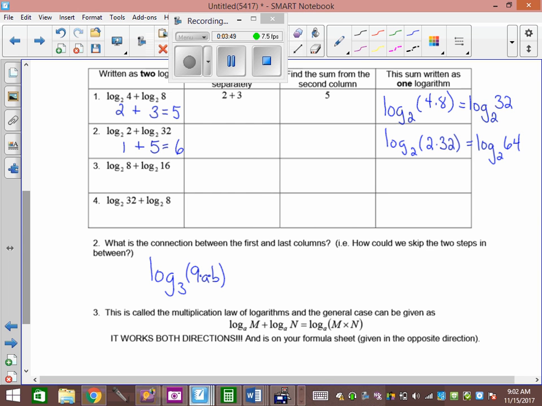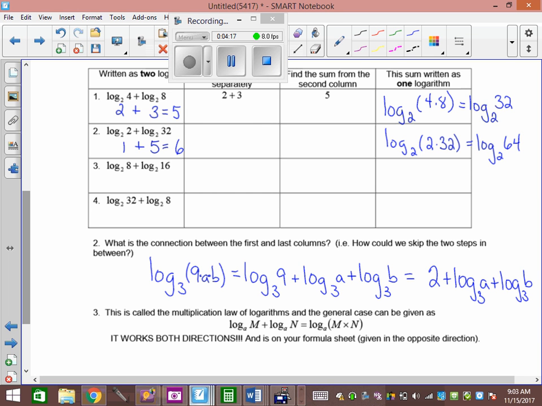So you'd actually get 3 logs, not 2. So you get log base 3 of 9 plus log base 3 of a plus log base 3 of b. So your answer would actually be 2 plus log base 3 of a plus log base 3 of b.